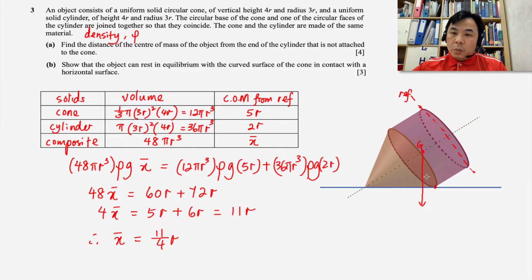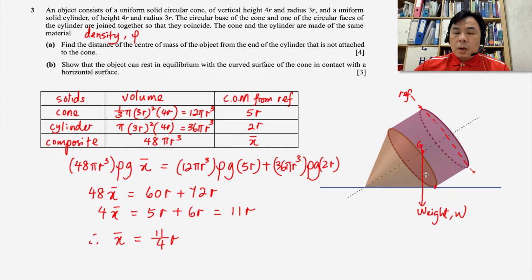I have no idea whether it will exceed this or not. This is just my assumption looking at my calculation just now. So this is the weight of the composite solid. All right, so I'm going to label that as W.